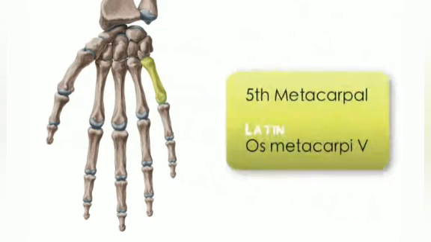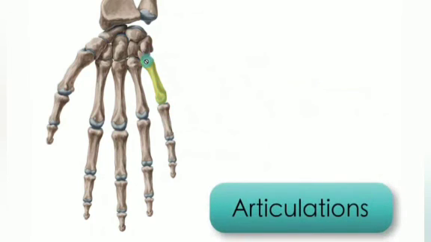Now, in the last part of this tutorial, let's have a quick view of the fifth metacarpal. The fifth metacarpal is the most medial of all metacarpals, and it's in the same direction as the little finger. In terms of articulations, on the proximal side, the fifth metacarpal articulates with the carpal bone that we talked about that has a hook, the hamate.